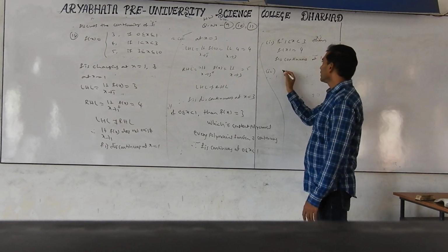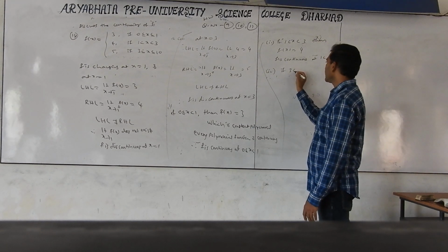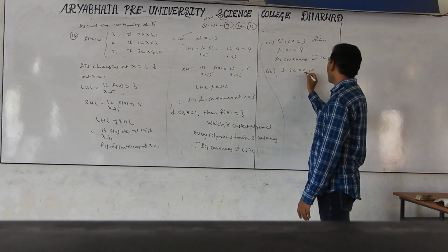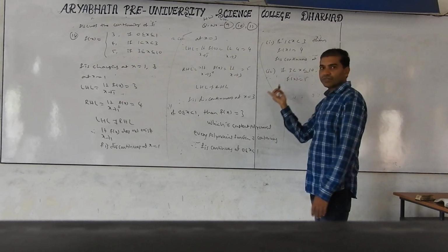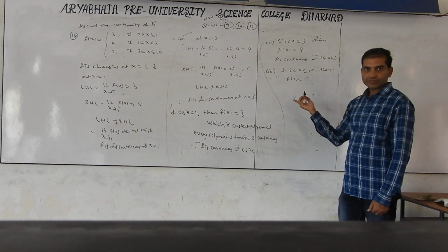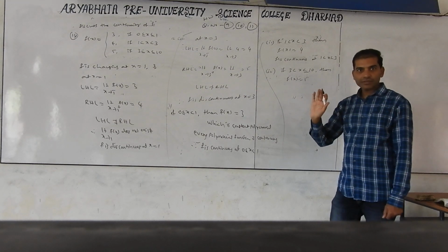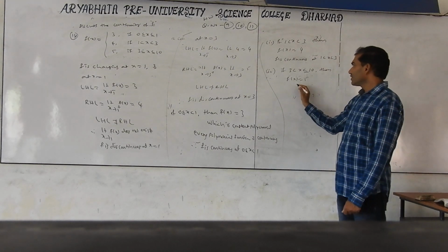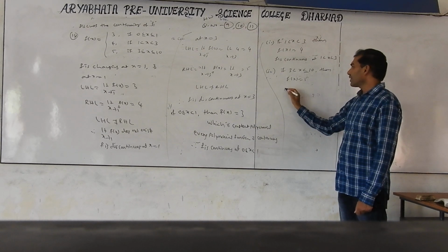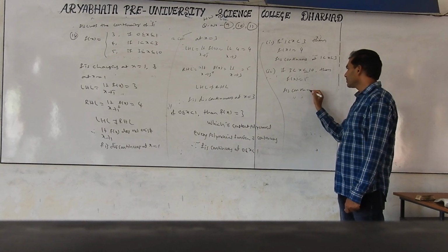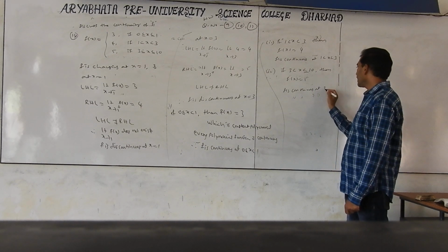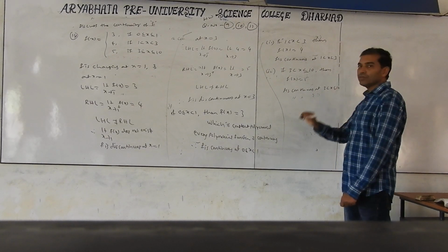Third case: if 3 less than x less than or equal to 10, then f of x is equal to 5, which is also a polynomial, so f is continuous for 3 less than x less than or equal to 10.